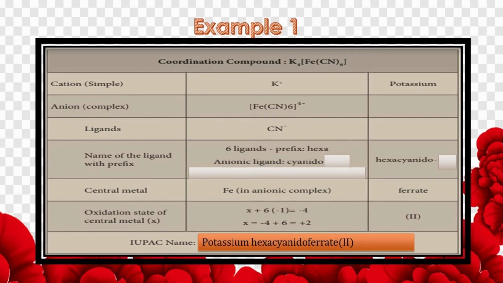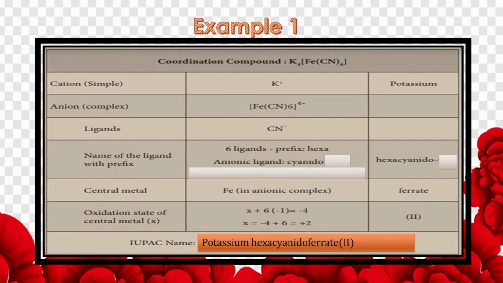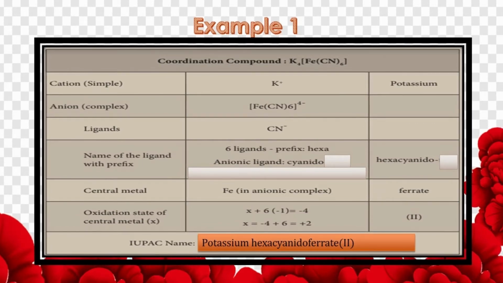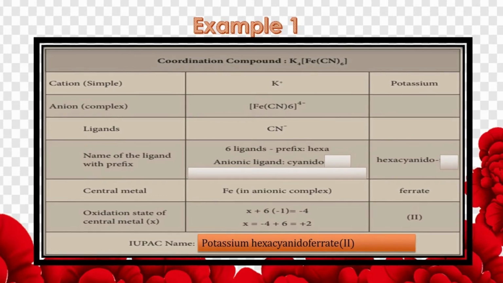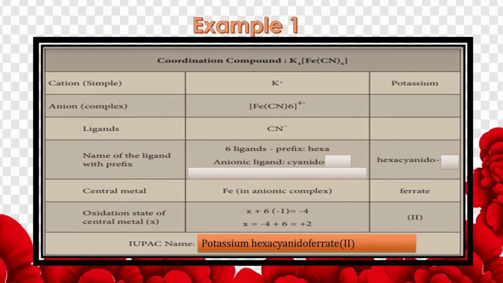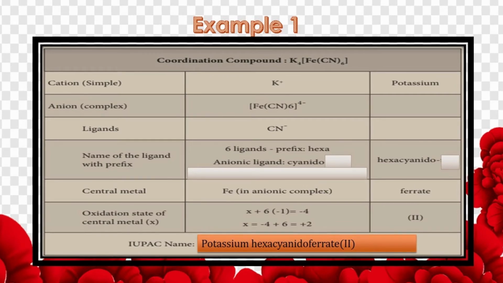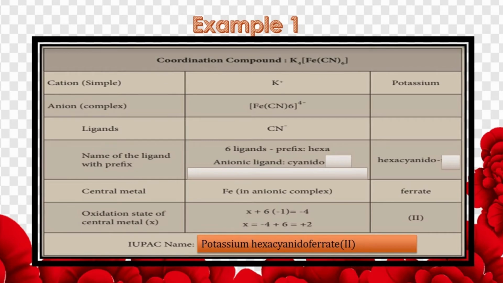We know that for a counter ion, the name is given as in a simple ionic compound, so K+ is named potassium. If you take this anionic complex, first we have to name the ligand. Here the ligand is the cyanide ion, and you have 6 such cyanide ions as ligands.